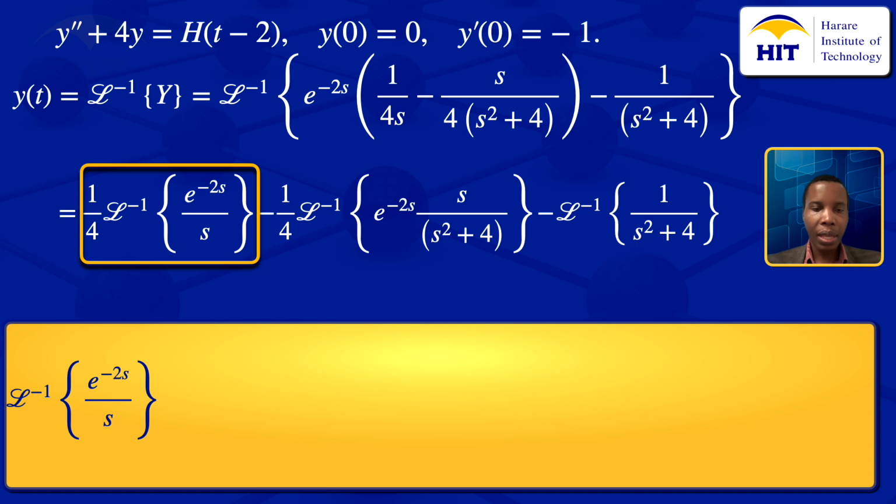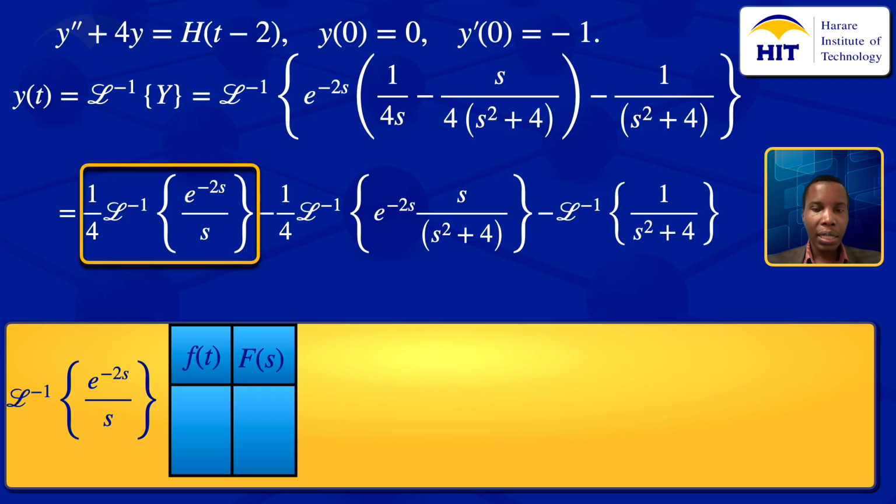And then go on and look at this part here, the inverse Laplace transform of exponent of minus 2s divided by s. From the table of Laplace transforms, we see that that is equivalent to the Laplace transform of h of t minus c. So by comparison of this part here and this one, we see that our c is equal to 2. So we then substitute c equals 2 here, and we get that the inverse Laplace transform of exponent of minus 2s over s is equal to h of t minus 2.